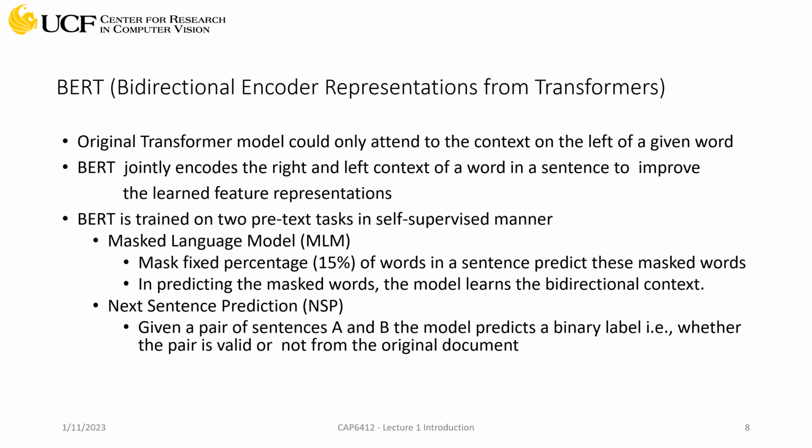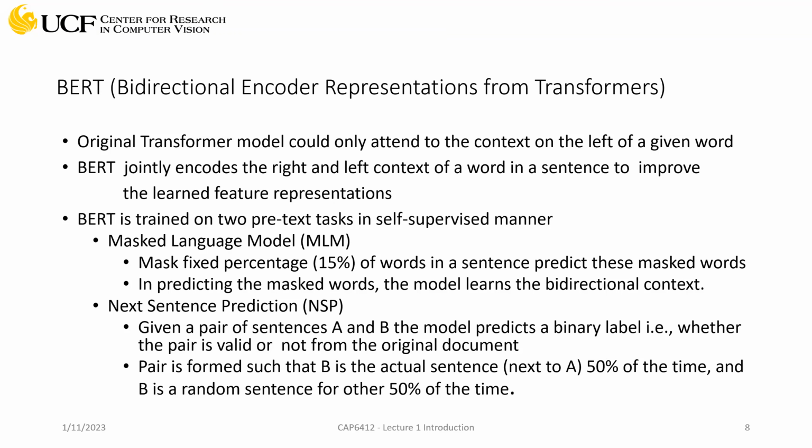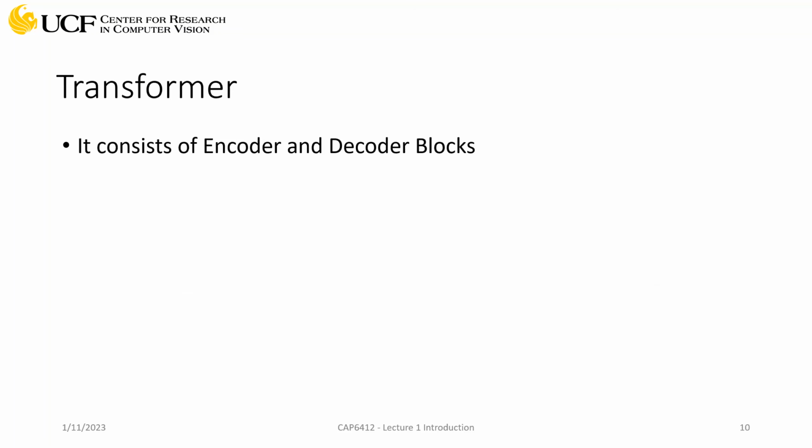So they look at the document, look at the adjacent sentences, and it will predict if it is a correct pair or not, and that's the way it will learn the encoding. In this, 50% of the time they have the right pairing, and other 50% is a random sentence.